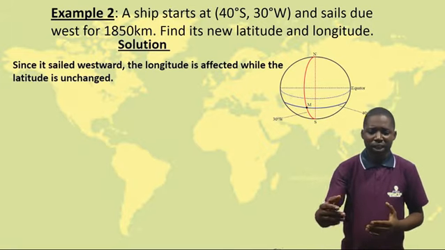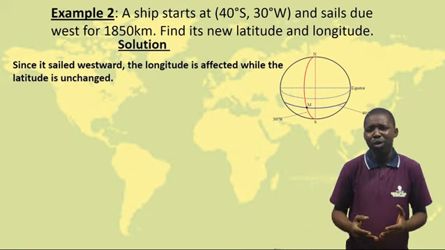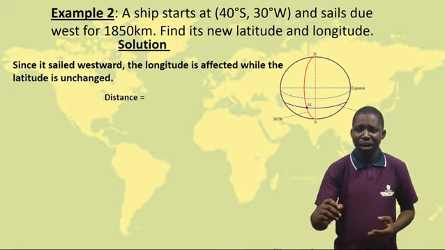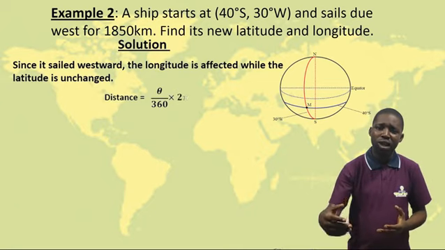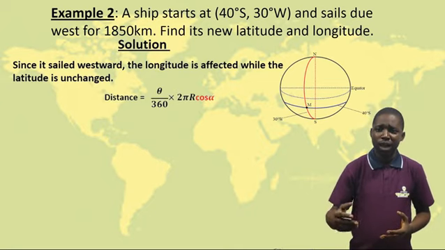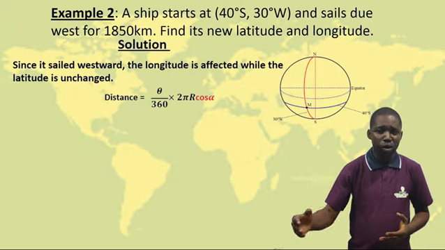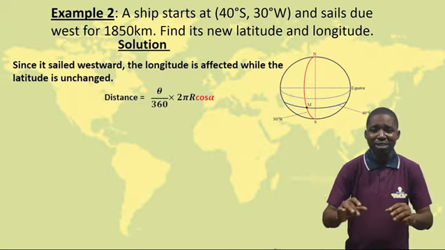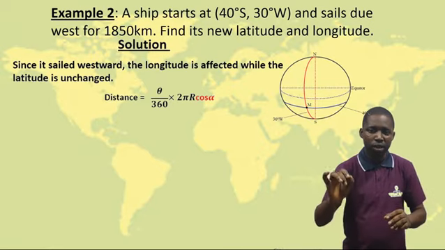Now, we are given the distance already, so what we need to do now is to get the angular distance. Okay, let us go. We have our formula: distance is equal to theta over 360 times 2 pi r cos alpha. I'm adding cos alpha because the question involves distance along a parallel of latitude.